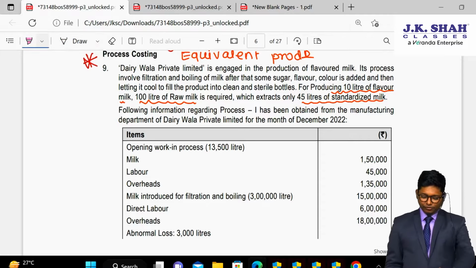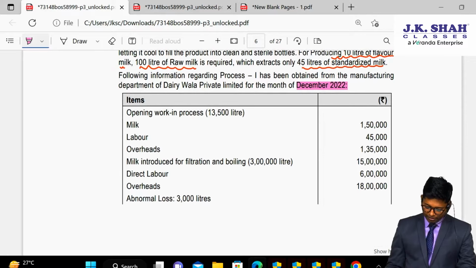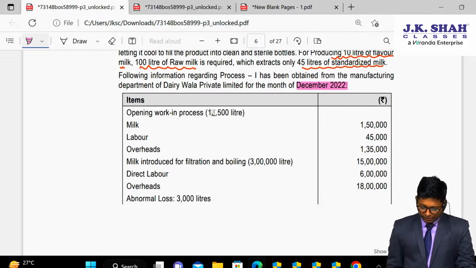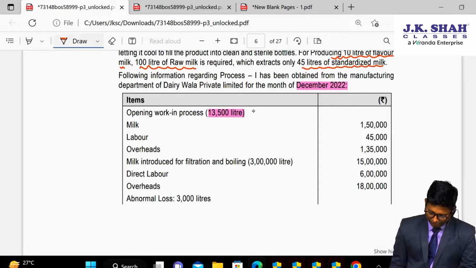The following information regarding process 1 has been obtained from the manufacturing department of Dairywala Private Limited for the month of December 22. Work in progress 13,500 liters of milk is given, and this 13,500 liters is my opening WIP. Now the value related to this is given: milk, labor and overhead.